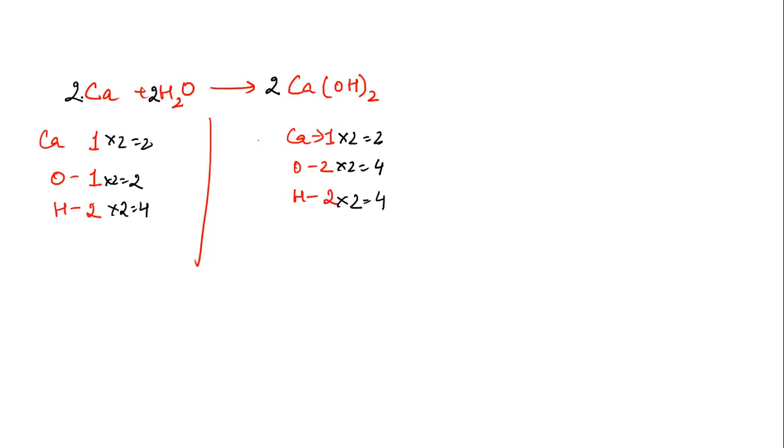Now, oxygen is not balanced. Oxygen here is 2 and this is 4. Now, if I write 4 there, the reaction is not correct. This reaction is wrong. Basically, I made a mistake. This cannot be balanced. Wait, if I write 4 this side, this will become 8.